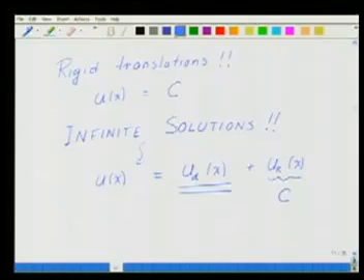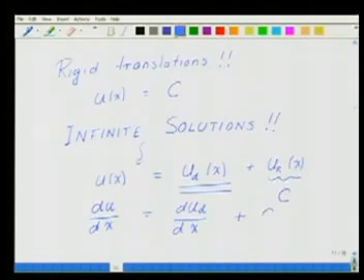So what we want is, really we are interested out of this problem in knowing the state of stress and the strain. Stresses and strains will require derivatives. So if you look at this, du/dx will be equal to du deformation/dx plus 0. That is, the rigid part does not contribute to the derivative.